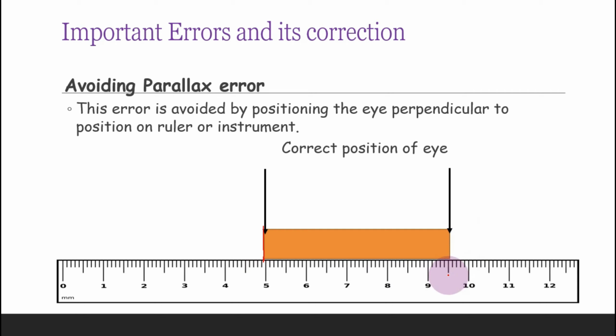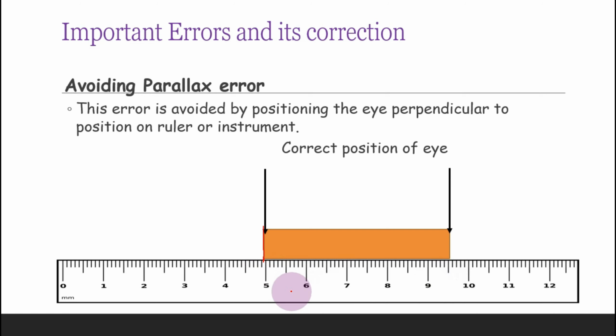This is nearly 9.5, slightly more than that. It's 9.5, while this is 4.5, 6, 7, 8, 9, and it's near to 5. So you can say, for example, this end is 5 and this is 9.5.